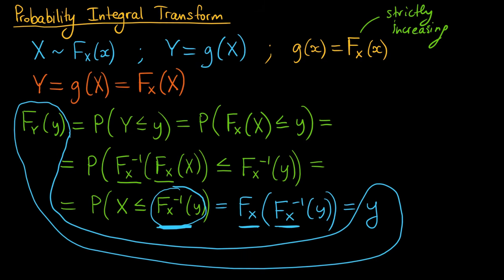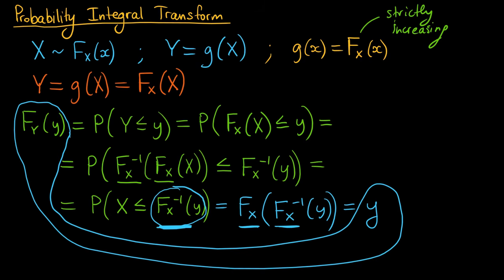This really asks for a little bit of time for it to sink in, but notice that we didn't say anything about the distribution of the random variable x, but after plugging x into its own CDF, we get a random variable y that always has the standard uniform distribution, no matter what the distribution of the random variable x was to begin with. That's pretty cool.